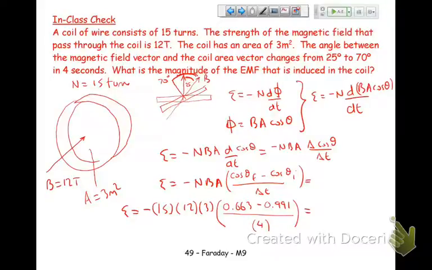Shame on me, I should have a number for this. I got cosine 70 as 0.34, but I did mine in radians, that's why it's wrong. I've got to be in degrees, so that's 0.34. And what's the cosine of 25 degrees? 0.91. Oh, I see. Okay, thank you. So then work that out for me.